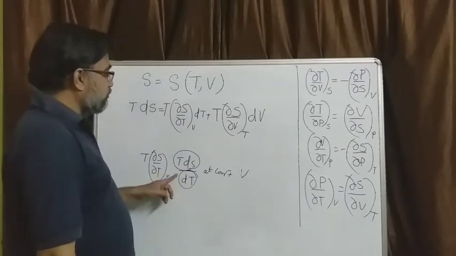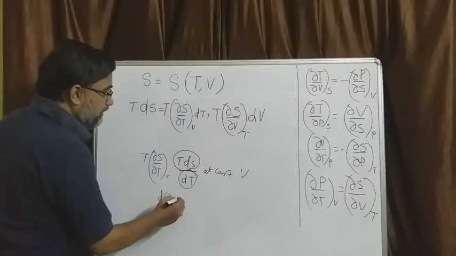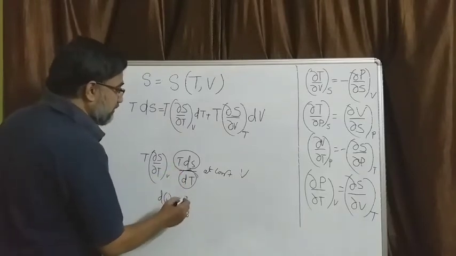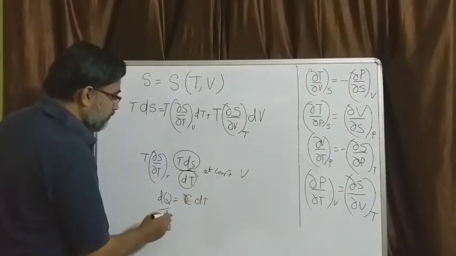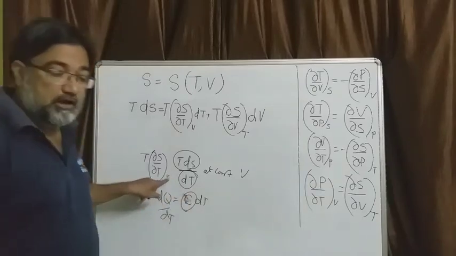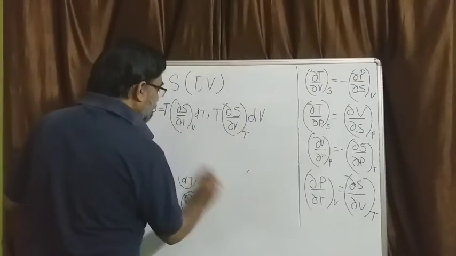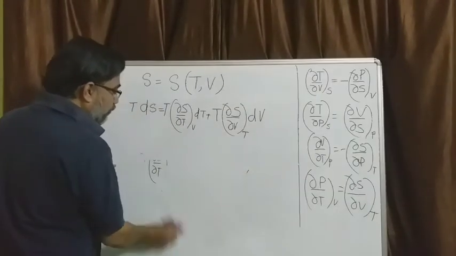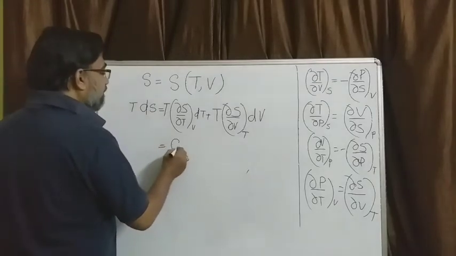Okay. So what is amount of heat? dq is actually mass times specific heat and then temperature difference. So dq by dt is your specific heat only. And what kind of specific heat? This is at constant volume. So this term, if you look at it very closely, is nothing but Cv.